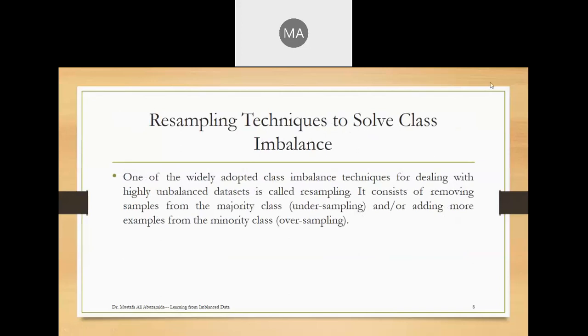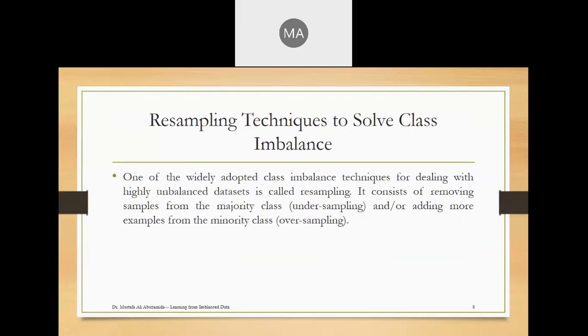As I mentioned, resampling techniques can solve class imbalance. One of the widely adopted techniques for dealing with a highly unbalanced dataset is called resampling. It means that we change the data, we remove or we add.